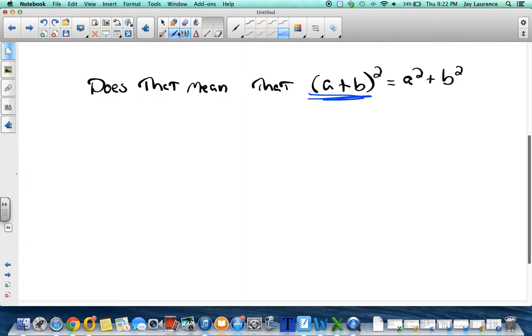Let me draw a rectangle here, where this is a and this is b.